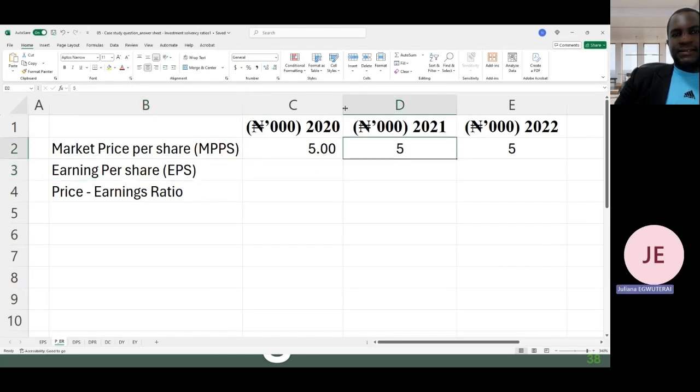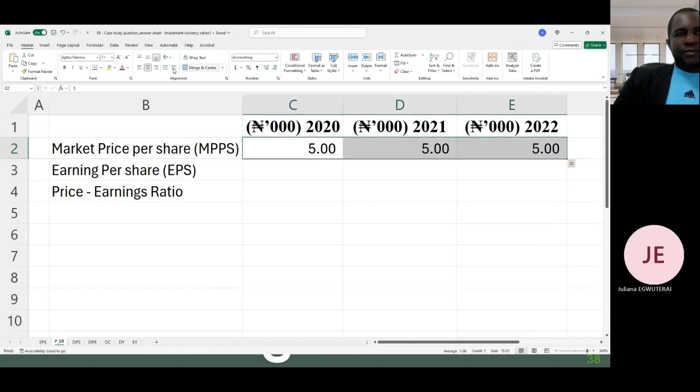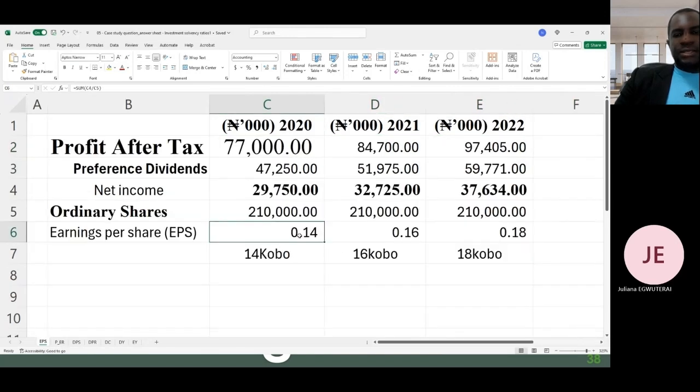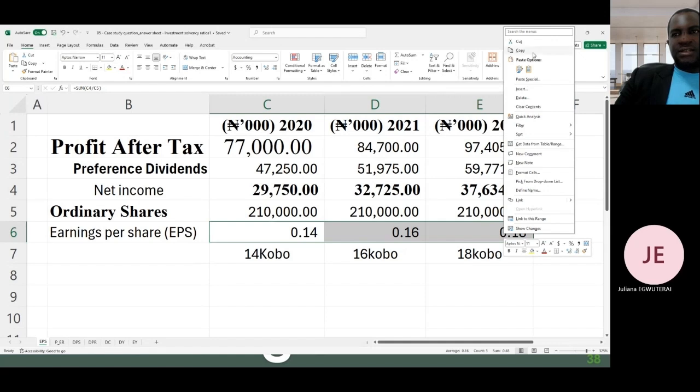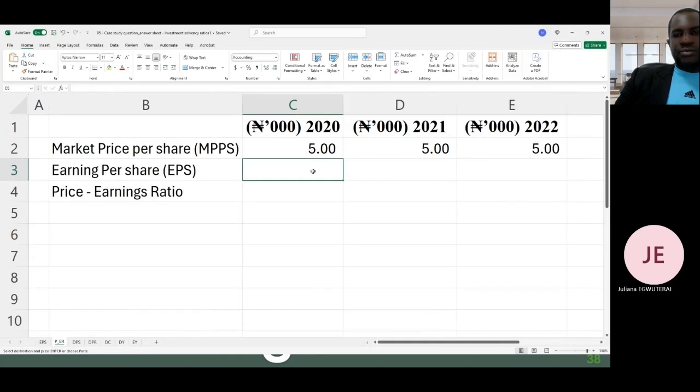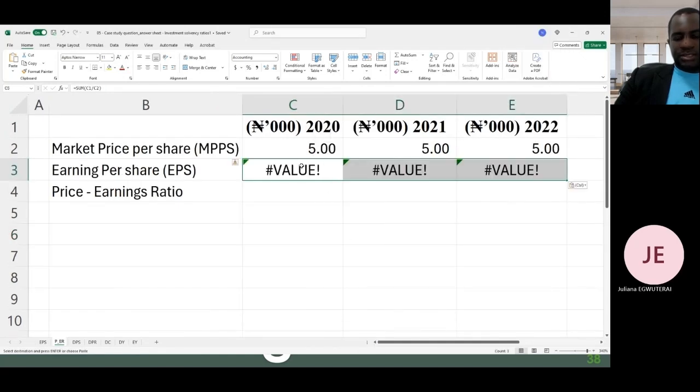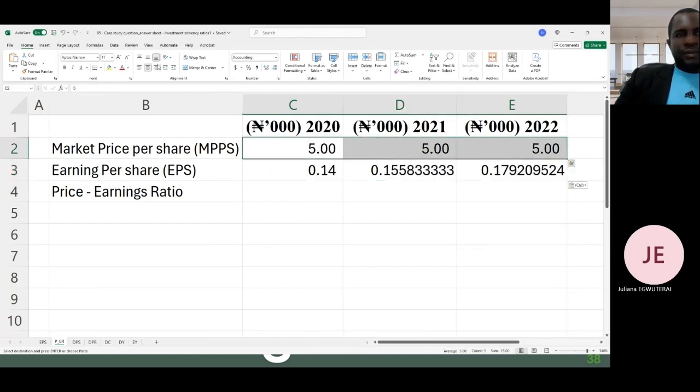So we want to see how much the price in the market is worth relative to the earnings in the company. For our earnings per share, we have 14 kobo, 16 kobo, and 18 kobo. So we just take that, copy and paste, and we'll do our calculation.